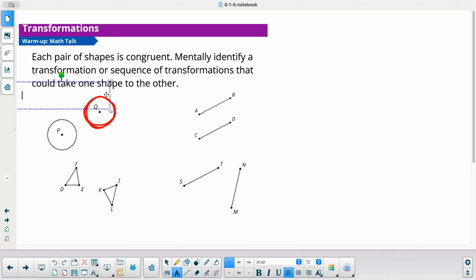So I would just say here, I'm going to translate circle P until circle P aligns with circle Q.